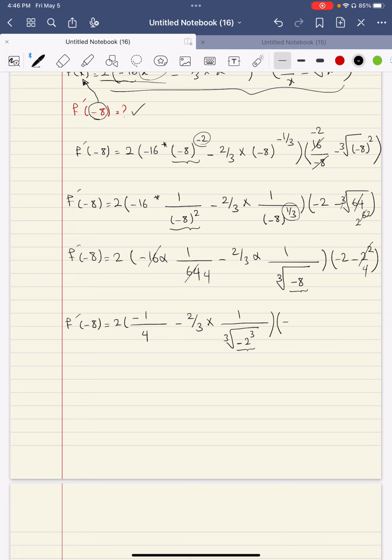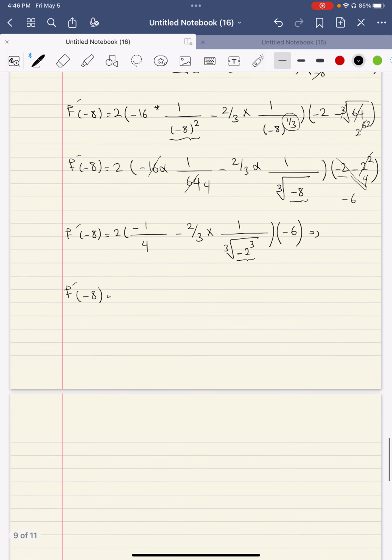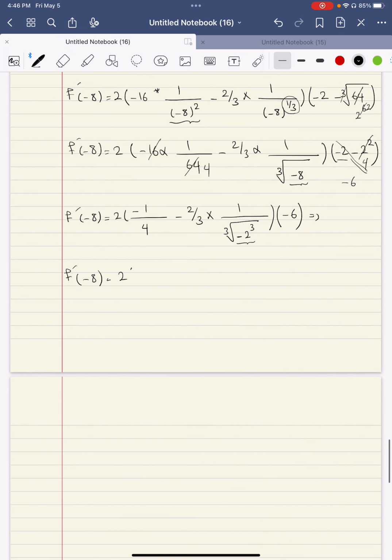Bracket, minus 2 minus 4 is minus 6, negative 6. So the f prime at point negative 8 would be 2 times negative 1 over 4 minus 2 over 3 times 1 over the cube root, and the power 3 would cancel out. Negative 2 would remain. Bracket, negative 6.